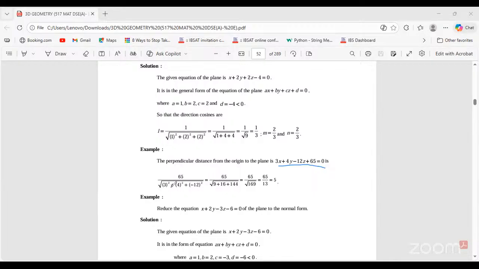So the distance is 65 by under root of 9 plus 16 plus 144, which is 65 by root of 169. Root of 169 is 13, and 13 fives are 65. We get 5, which is the required perpendicular distance from the origin to the plane. So the distance is 5 centimeters.